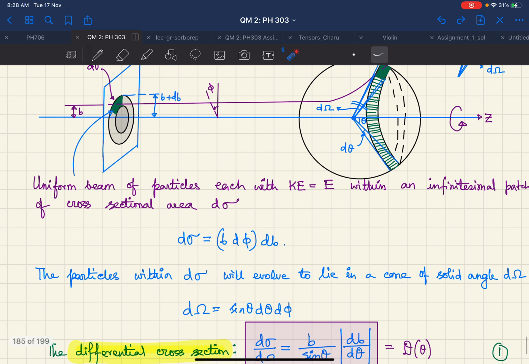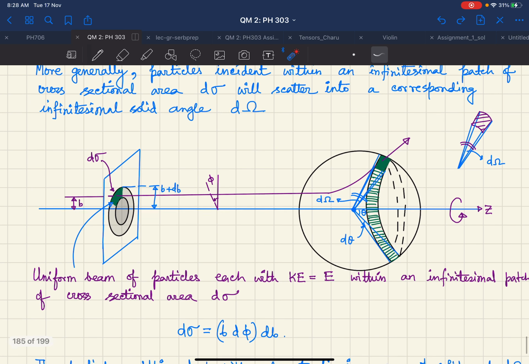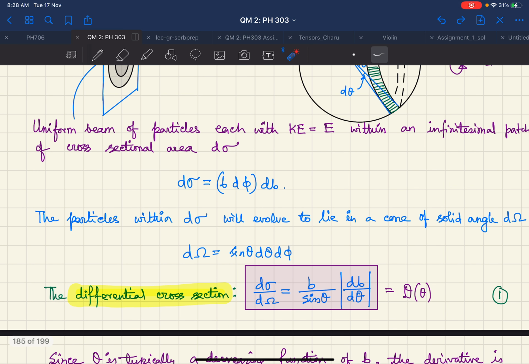So dΩ, we know, is sin θ dθ dφ. If you look closely here, this is that patch, and whatever solid angle it makes here is your dΩ, which is nothing but sin θ dθ dφ in terms of the infinitesimal angular coordinates.